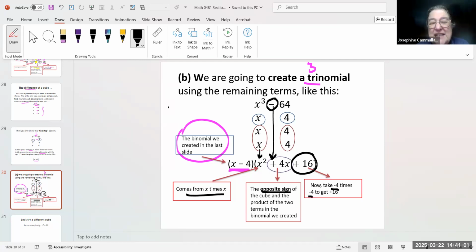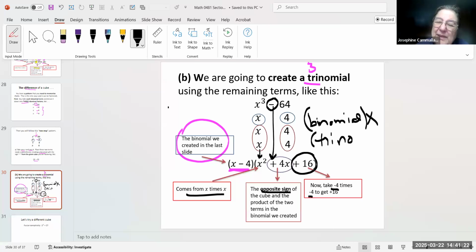Notice I still get a positive 16 at the end. This is the pattern of cubes. It's a binomial times a trinomial. That's how we factor a cube. And this trinomial can't go any further. It stays the way it is. You can never factor this trinomial as a perfect square. It doesn't work because you'll never get the middle term in a cube.